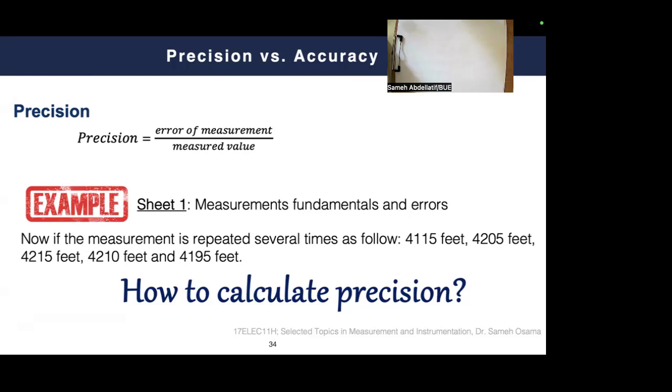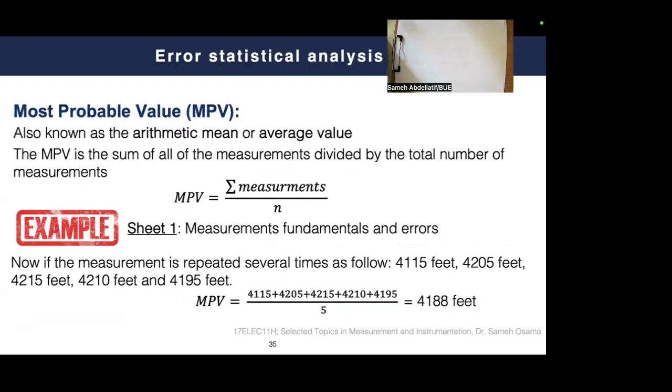How can I calculate the precision? Simply, we first have to calculate what we call the most popular value, or the MPV, which is a very simple calculation. What you have to do is sum all values and then divide by the number of measurements.